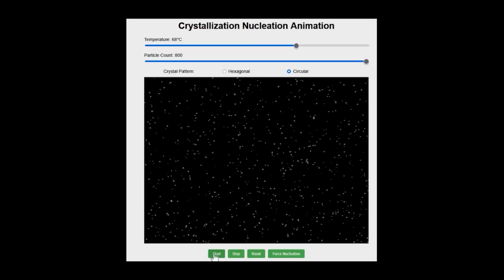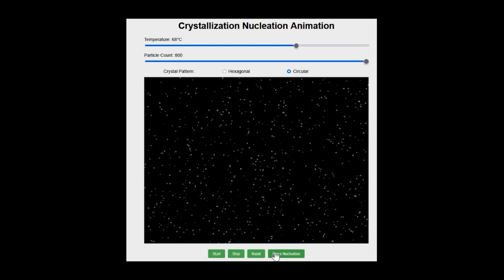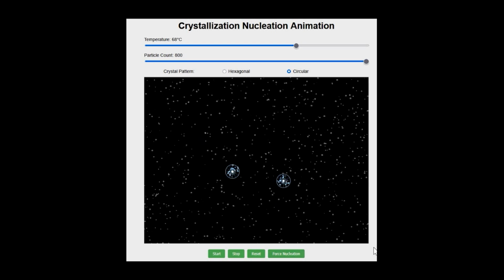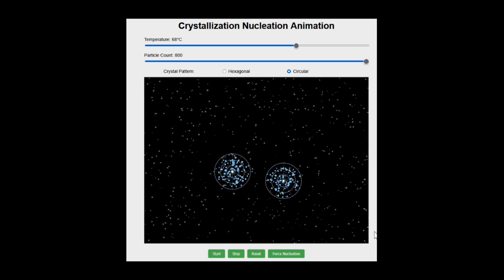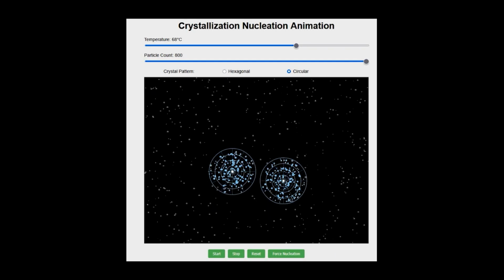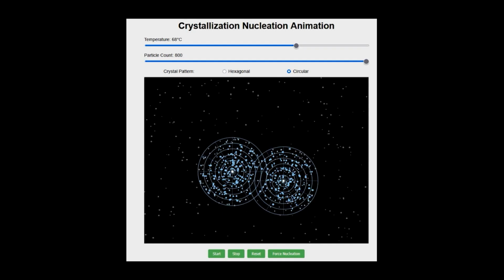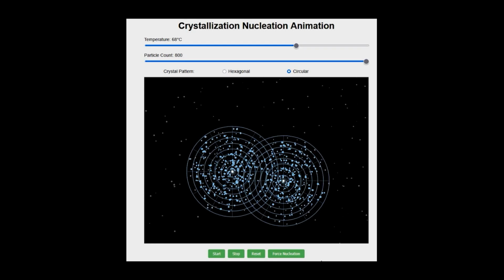Here you can see an animated video on the crystallization process. We know that crystallization begins with nucleation, and then small clusters of molecules will begin to form, followed by crystal growth.